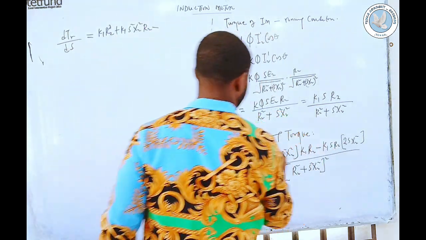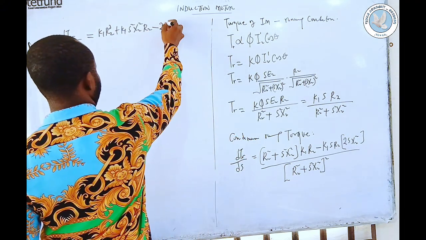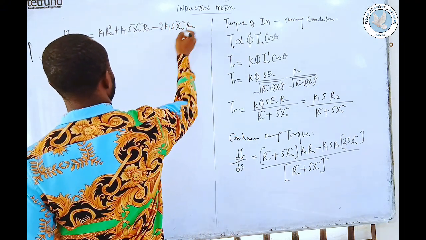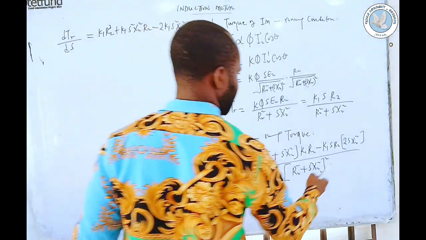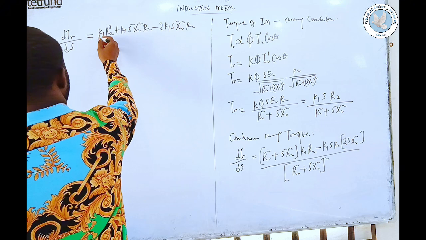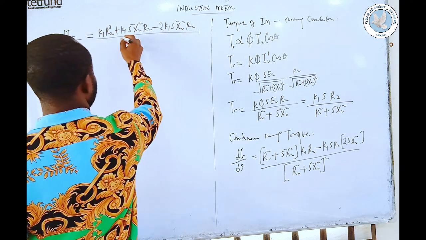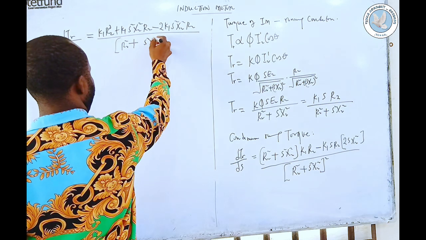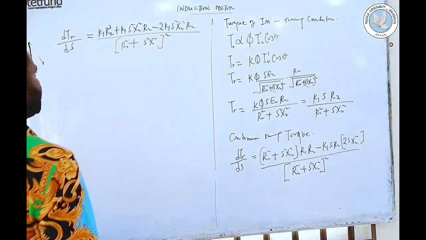Multiplying this to this, we have 2 K1 S squared. So divide the whole thing by this.